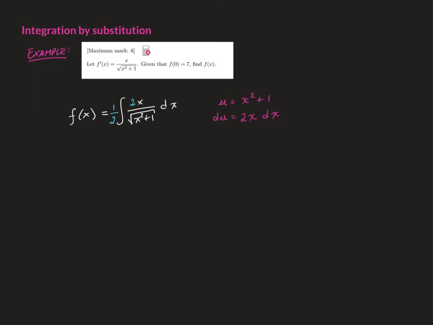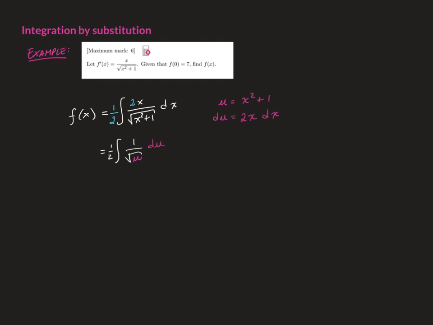We can't do one operation without balancing it out, so that the value of the integral doesn't change. And then we proceed with the substitution. So this is going to be 1/2 the integral of 1 over the square root of, in the bottom, x squared plus 1, and that is u. So this is 1 over the square root of u. And then 2x dx can be substituted with du.